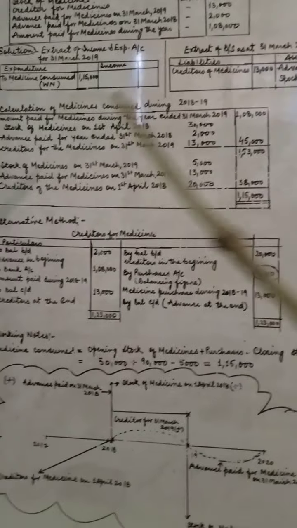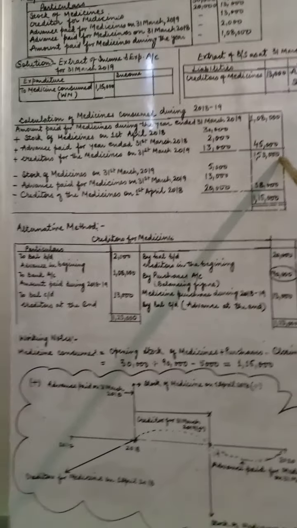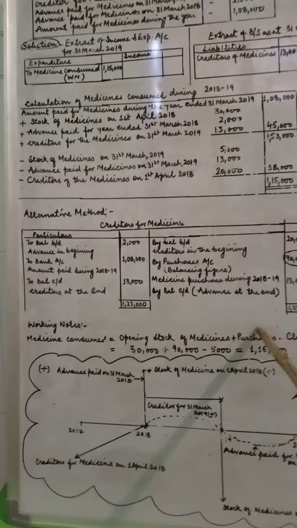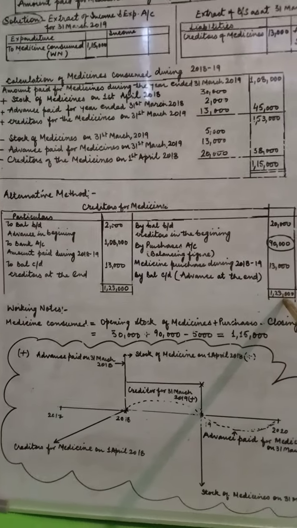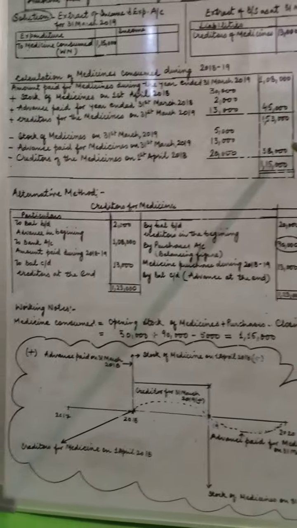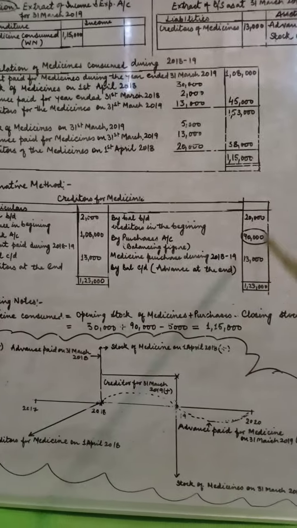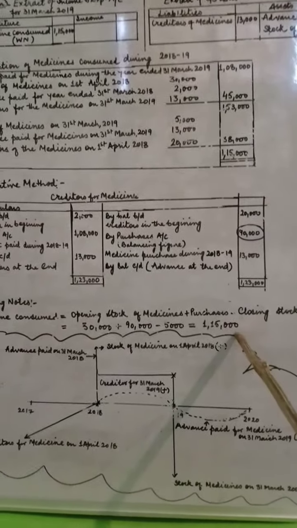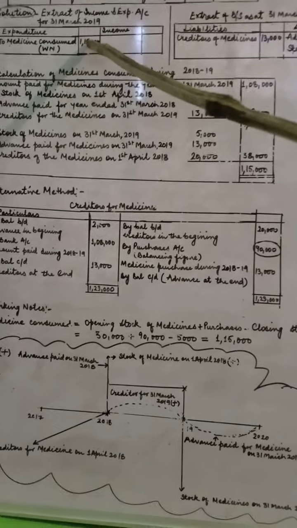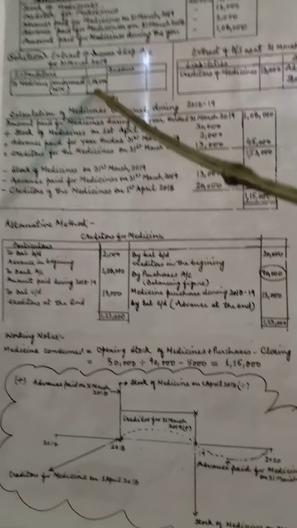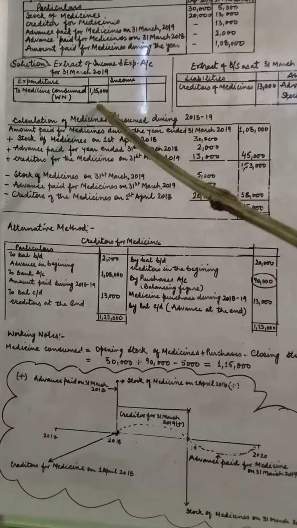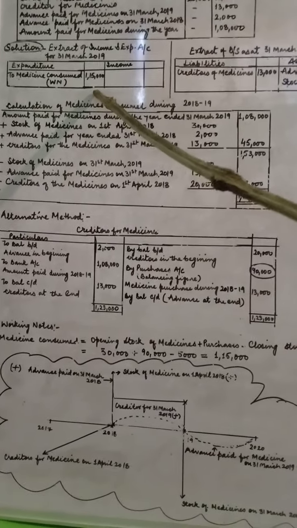You can either do it by this method, or if you are comfortable, you can also adopt this method. But either you follow this or you follow this, you will have the same amount, which is going to be part of the debit side of your extract of the income and expenditure account.